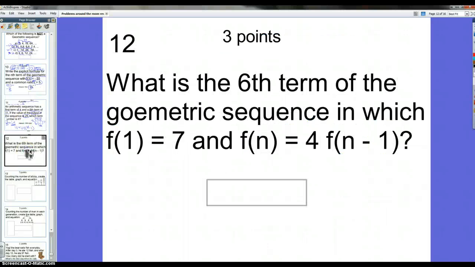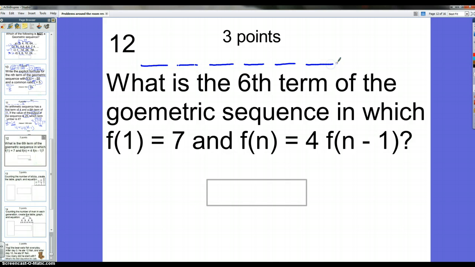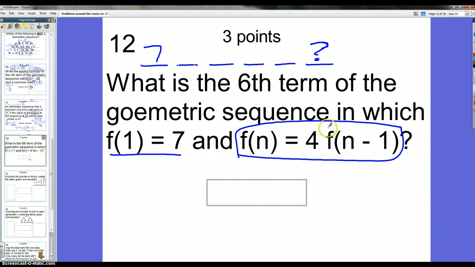Okay, on this one we've got the sixth term of the geometric sequence. We know it's geometric. We want the sixth term, 1, 2, 3, 4, 5, 6. It tells us that f1 is 7, that's the first term is 7, and it says to times the previous number by 4.